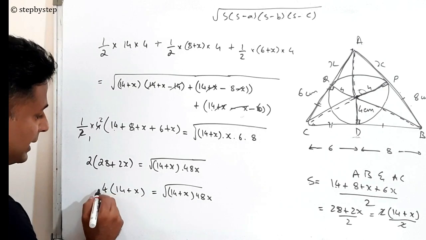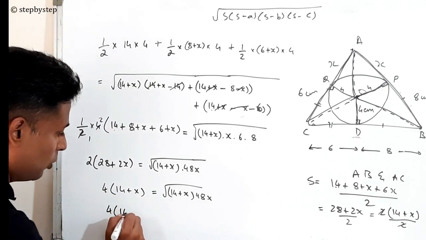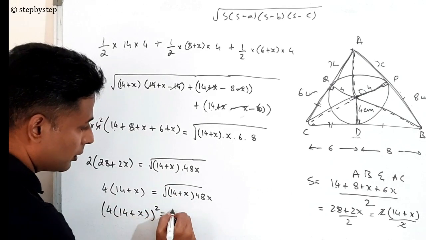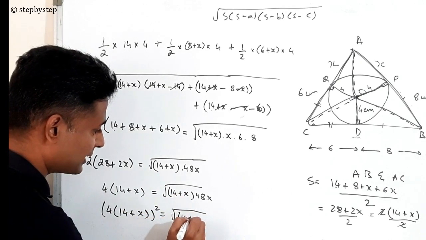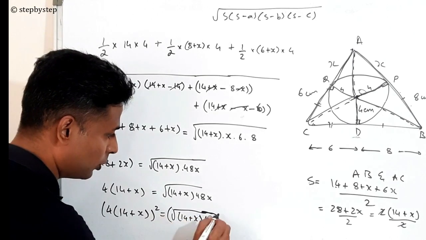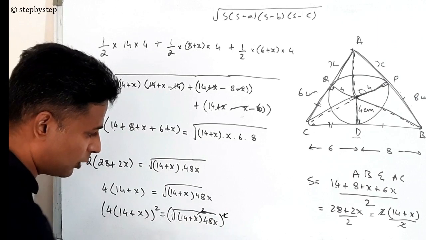Now squaring both sides, here it becomes 4 into (14 plus x) whole square, equal to root of (14 plus x) into 48x. Remember, if I am doing any operation, I have to do it on both sides. So this square and square root cancel.